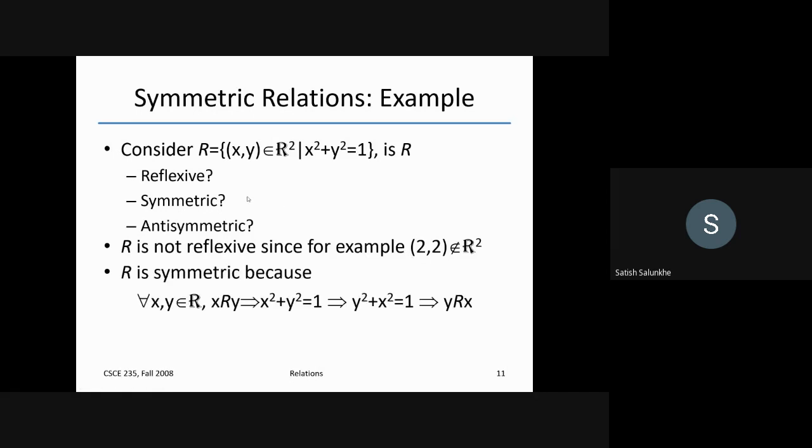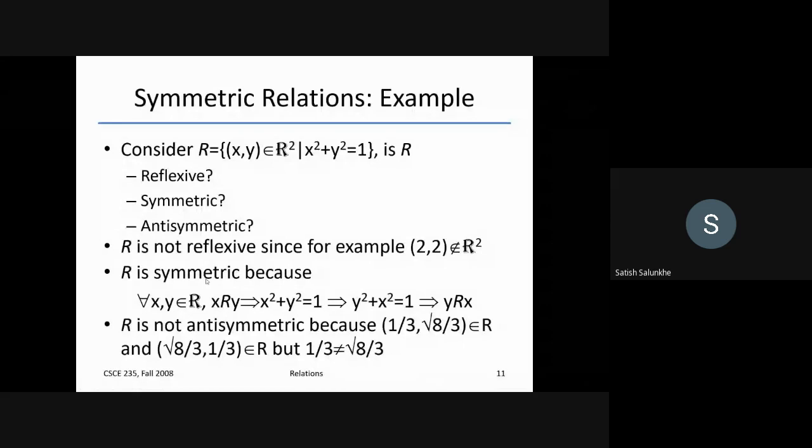R is symmetric because whenever (x, y) belongs to R, x square plus y square is equal to 1, which means y square plus x square is also equal to 1. That means y is related to x. So every x related to y is also related to x. Therefore, the relation is symmetric.